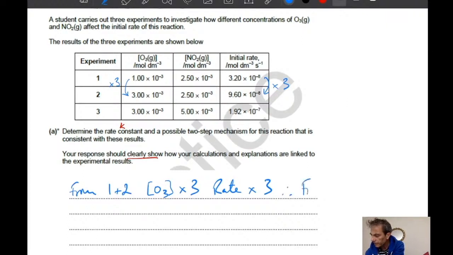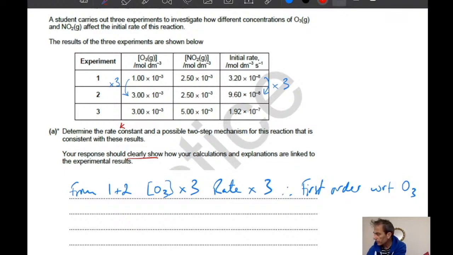Therefore, it's first order with respect to, you can put WRT, O3. Okay, so that's nice and clear for the examiner. They're not going to struggle with any of that. That makes perfect sense. Okay, so let's move on to the order with respect to NO2.